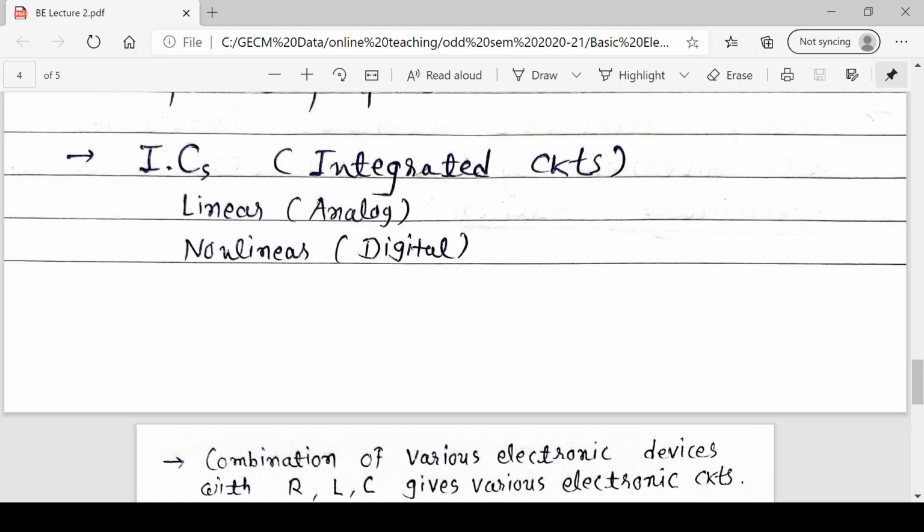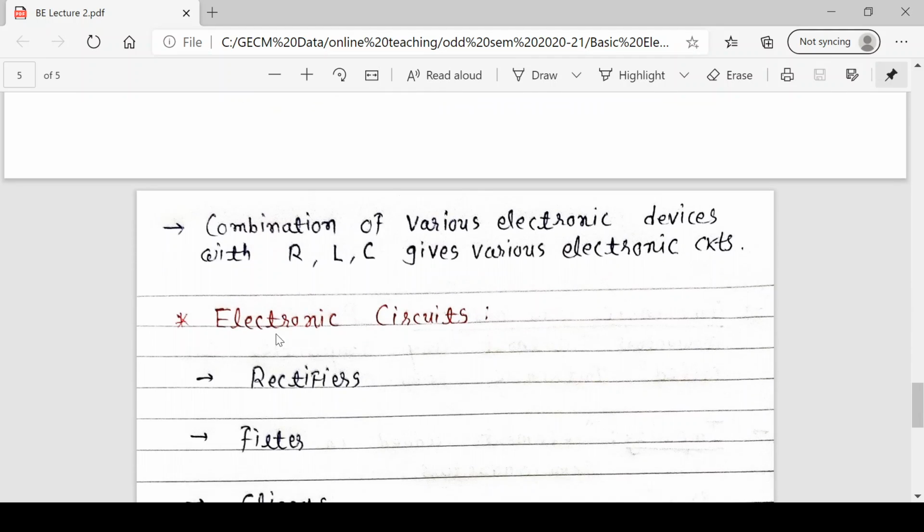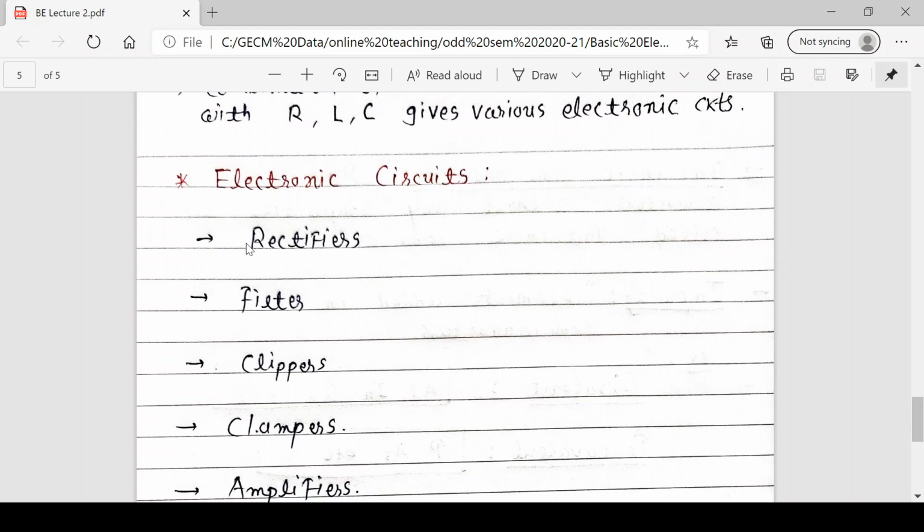Now using all these devices, we can make circuits. If you combine all these electronic devices with resistor, inductor and capacitor, it will give you a number of electronic circuits which we have to study in our syllabus. So which are the electronic circuits? The familiar one is the rectifier: half wave, full wave, bridge rectifier, etc. Next one is the filter.